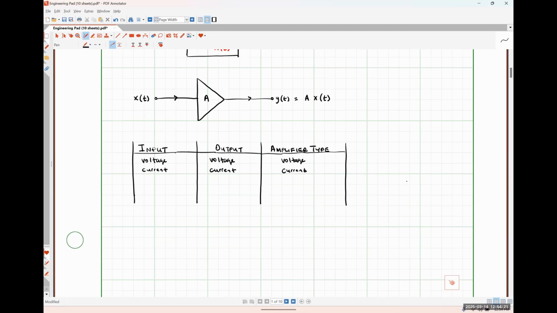Then we can have an amplifier where we have voltage at our input and current at our output. This is what's known as a transconductance amplifier.